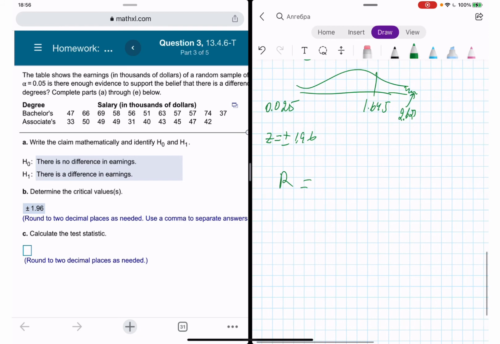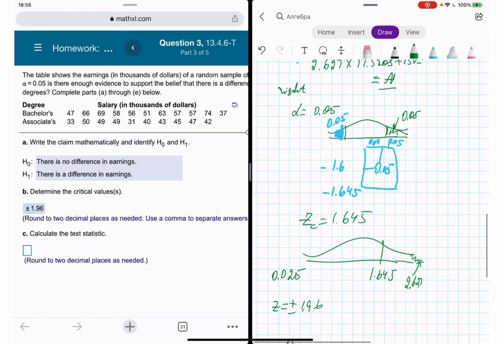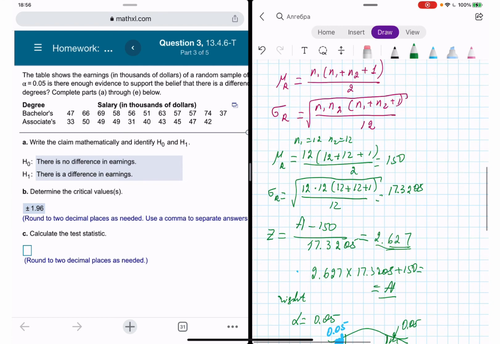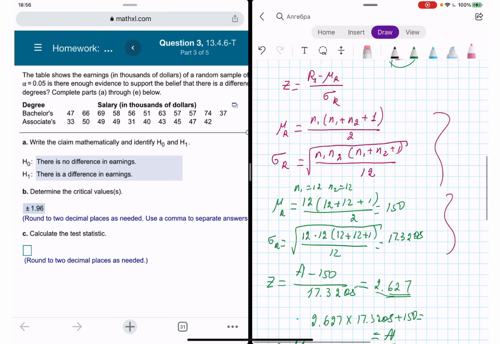Okay, and once you have R, next you're going to do mu r and sigma r. These formulas, because you are going to use these statistics. So you need this R and mu r, sigma r. One sample is going to be 1, 2, 3, 4, 5, 6, 7, 8, 9, 10, 11.